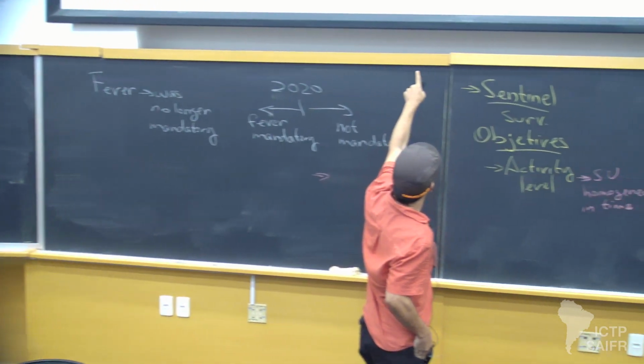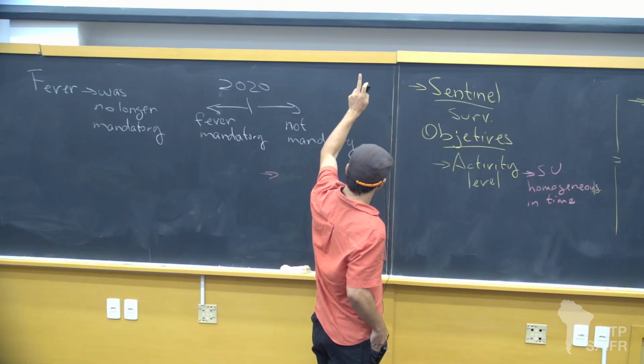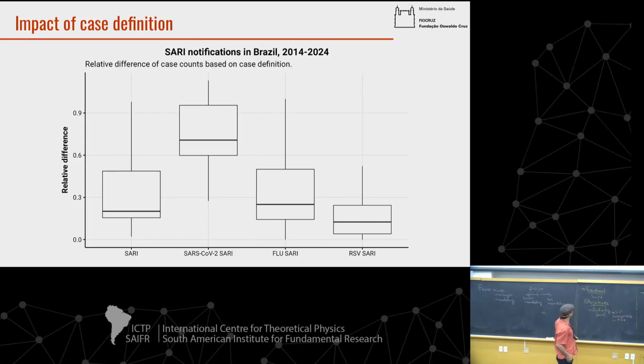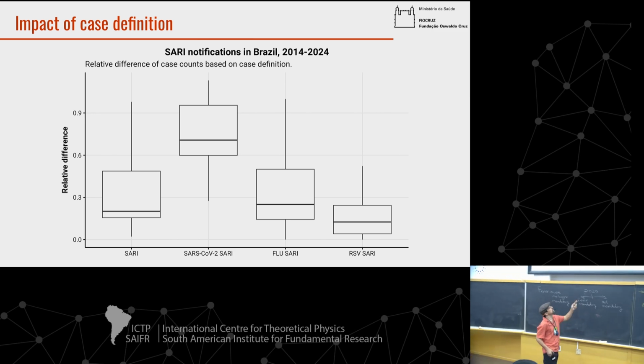Looking only at SARI cases with lab result positive for SARS-CoV-2, so COVID-19 SARI cases, positive for influenza, either influenza A or B, doesn't matter, and finally for respiratory syncytial virus.